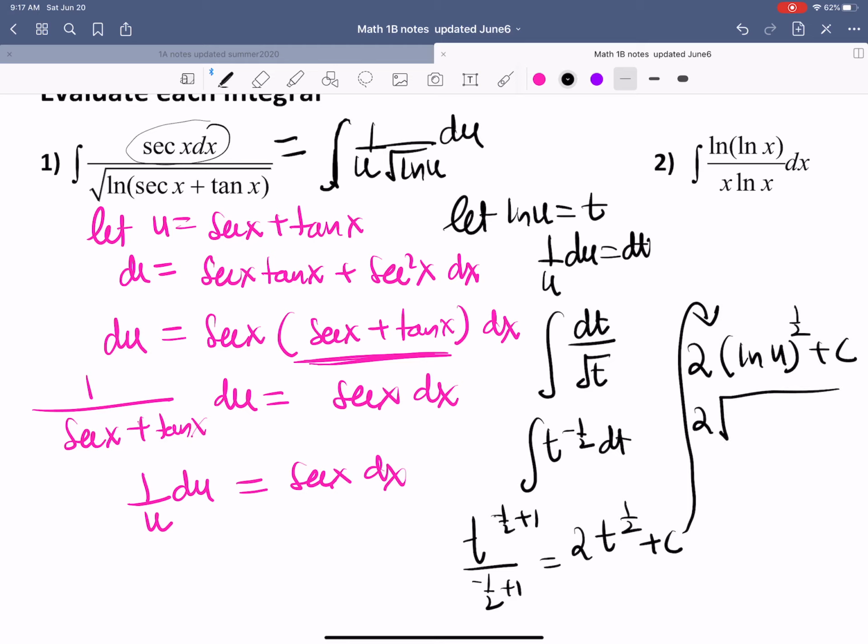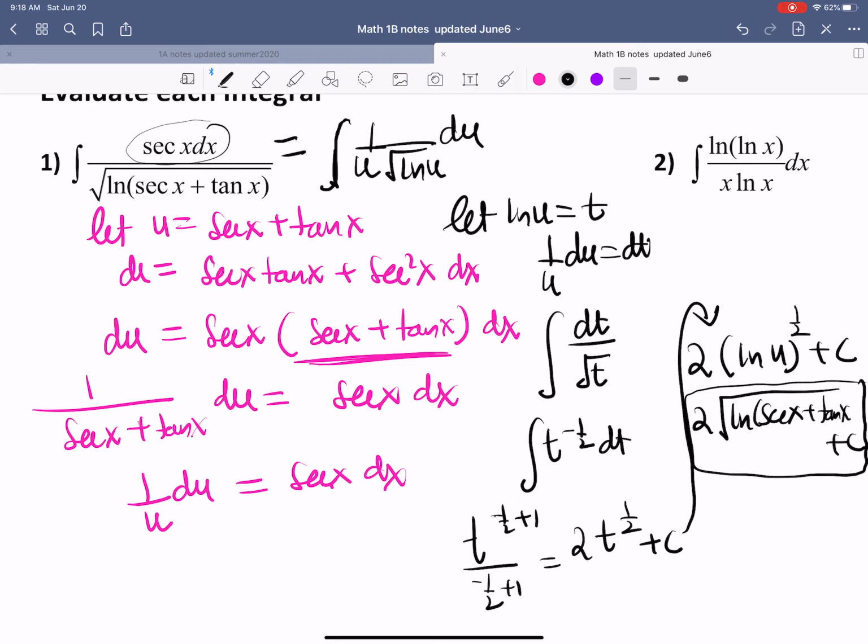So u was natural log of secant x plus tangent x, plus c. That's what our integral evaluates to.